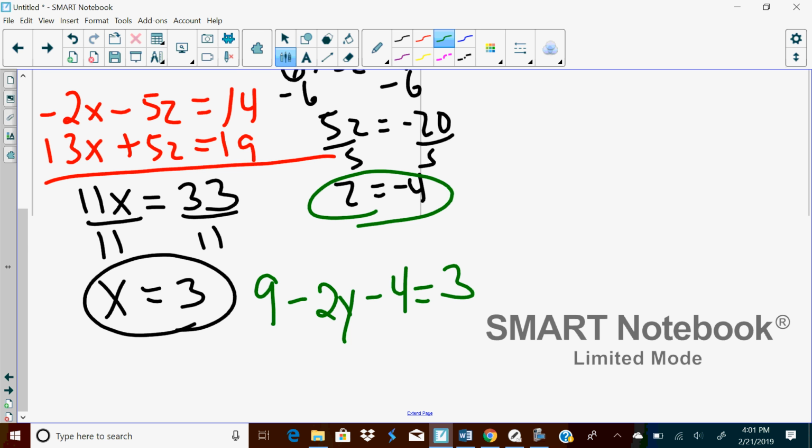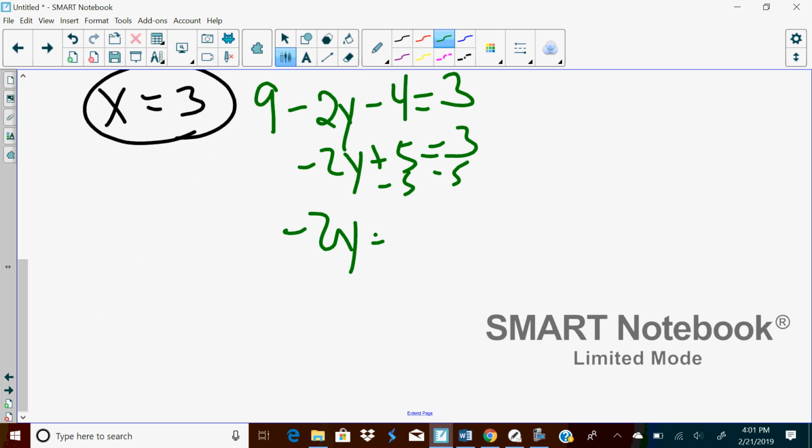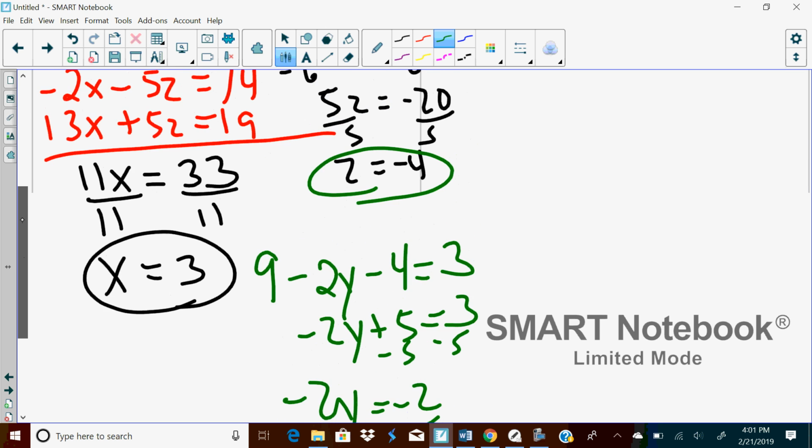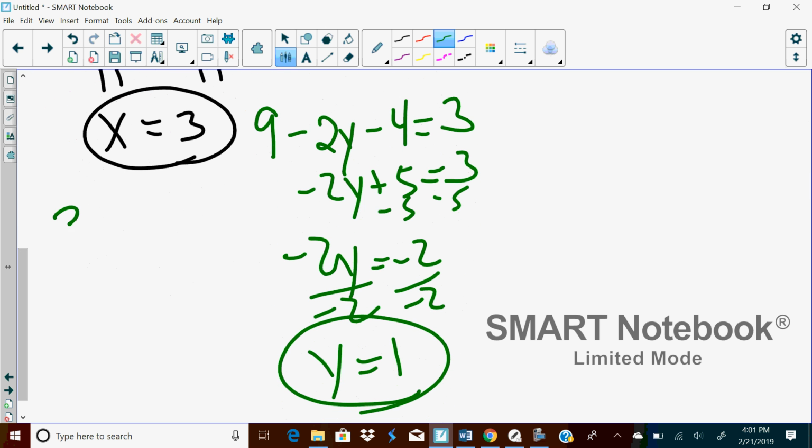So 9 minus 4 is 5. So I get -2y plus 5 equals 3 minus 5. I get -2y equals -2. So y is going to equal 1. So all of these are done exactly the same way. So in this particular case, my answer is 3, 1, -4.